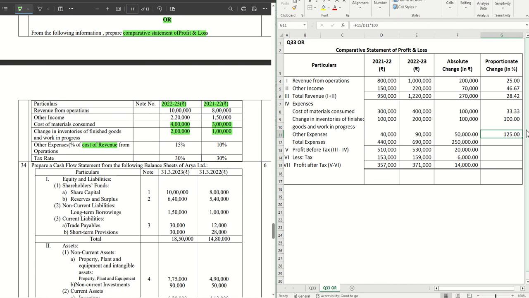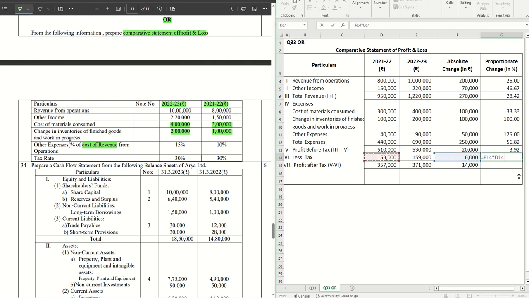All right. Then we have it here for the total expenses. So total expenses by the previous year into 100. That gives me 56.82 percentage. In this, we can remove the decimals to avoid confusion, as these are absolute change. For profit before tax, same formula, absolute change by previous year into 100.